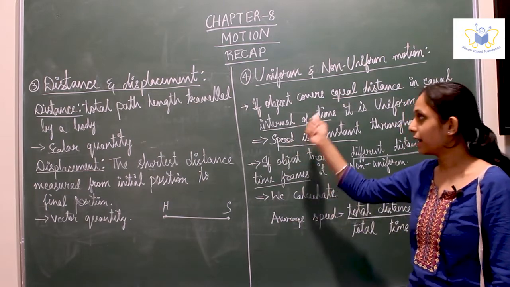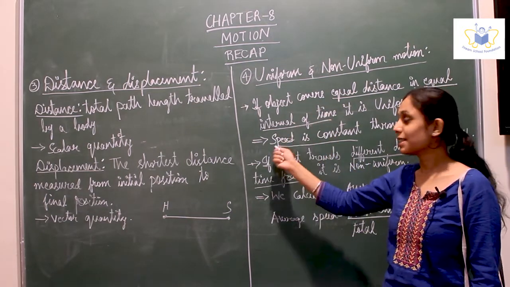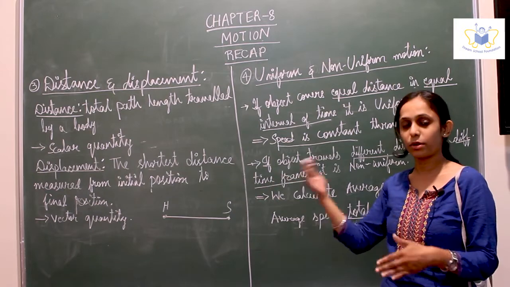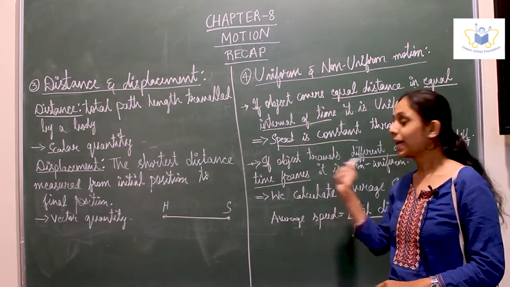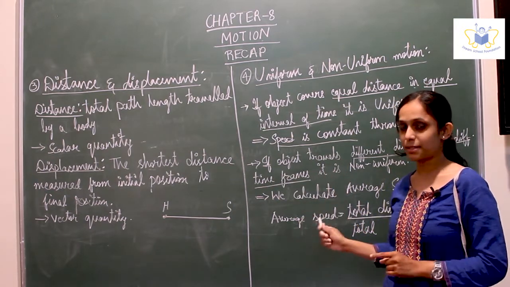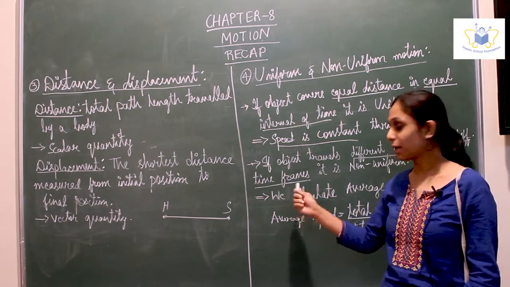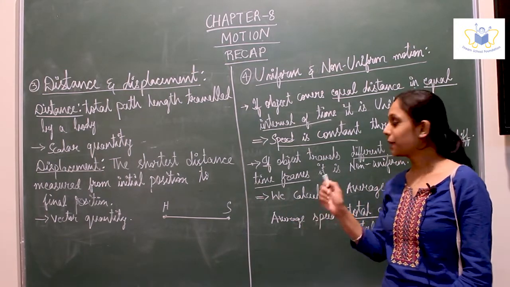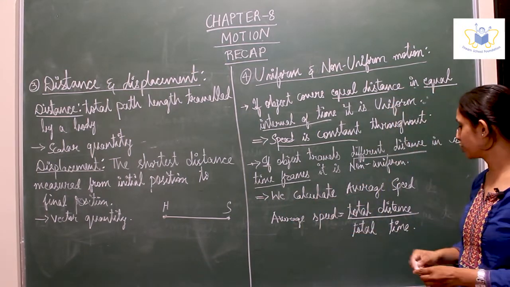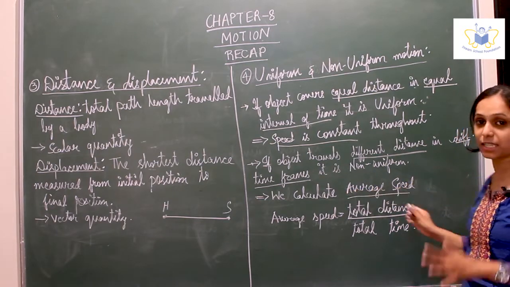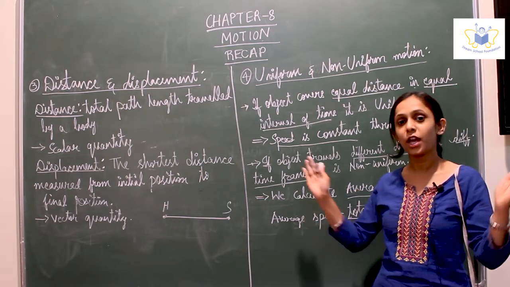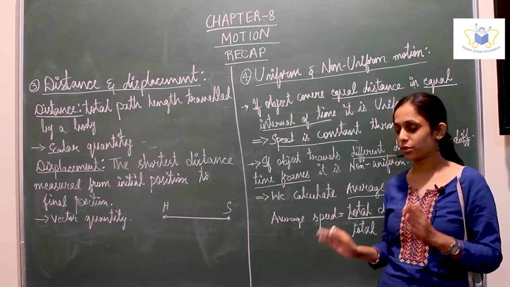Here, in the previous uniform motion, the speed was constant because you were moving with a constant speed. Here, no, you are not moving with a constant speed. So you will have to calculate your average speed here. Please remember, in non-uniform motion you always calculate average speed. What do you mean by average? Cumulative of all the values you have traveled.